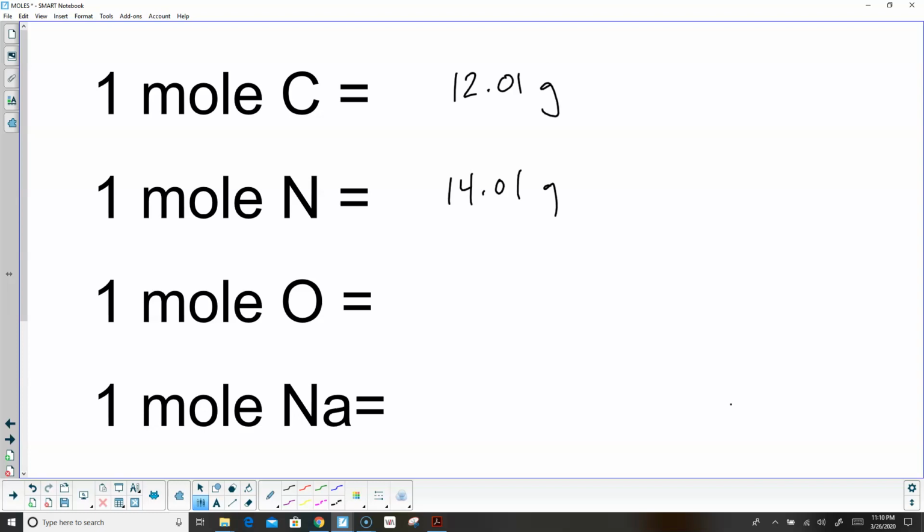Oxygen has a mass of 16 grams. Sodium is 22.99 grams. So all of these elements have different atomic masses.